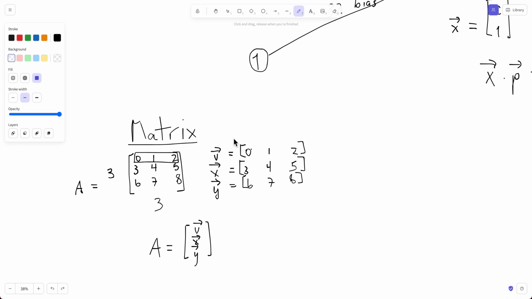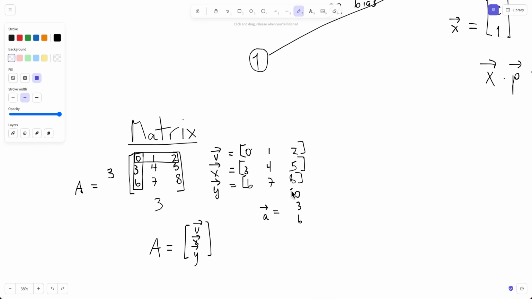The other representation is to look at this as a vector of column vectors. So if I were to have drawn a rectangle around this column instead, and I make vectors for every single column, I'm not going to do it explicitly this time, but I'm going to make 3 vectors. So A, I'm going to just do it for the first one. So 0, 3, 6.